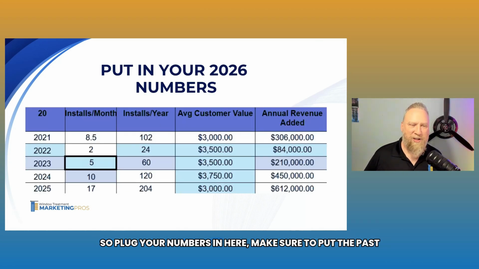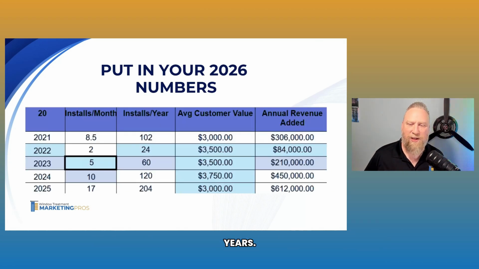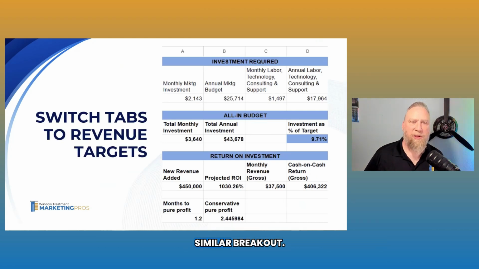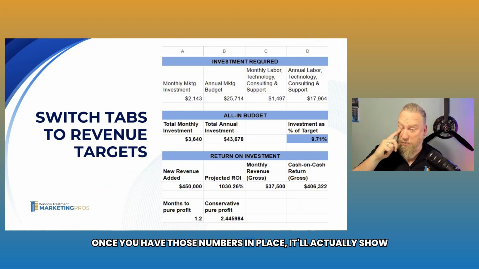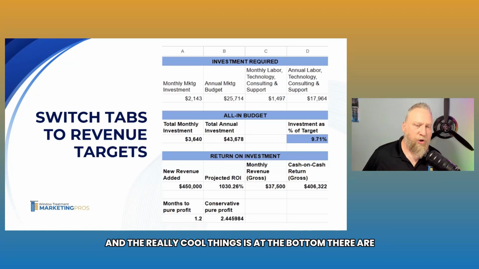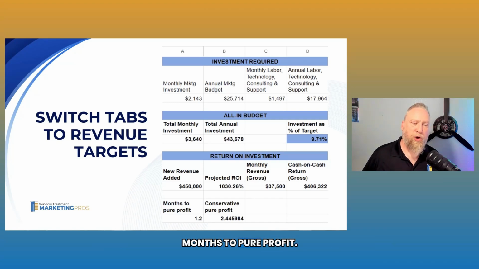So plug your numbers in here, make sure to put the past years. And then on that sheet at the bottom, there's actually a similar breakout. Once you have those numbers in place, it'll actually show you the investment required, and what your return on investment is. And the really cool thing is at the bottom there, months to pure profit.